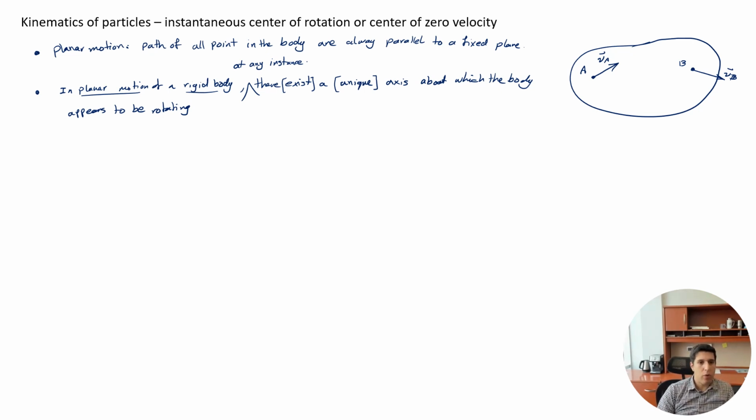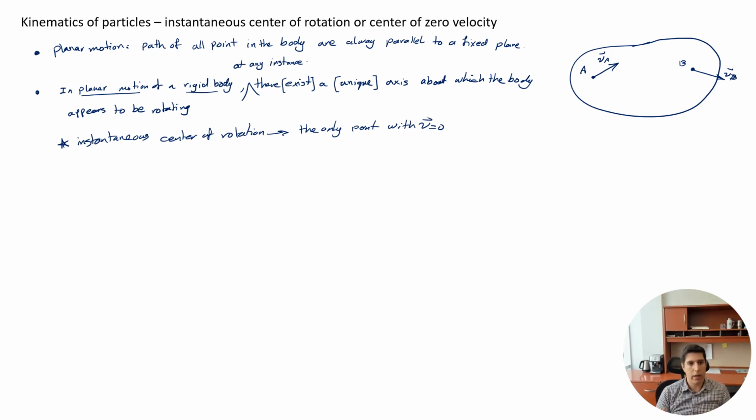So this point or axis, let's call it a point, is called the instantaneous center of rotation, and it is the only point with v equals 0.